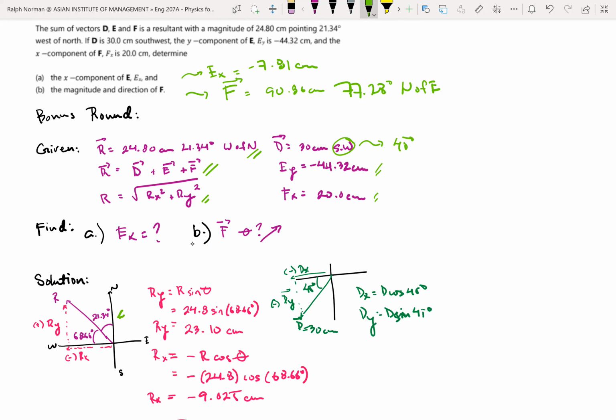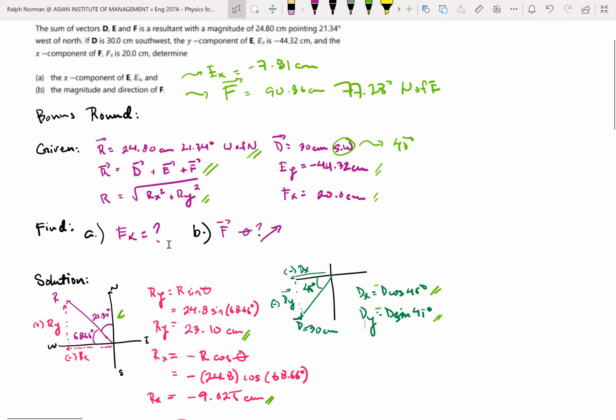And our R here is 24.8. We already have the RY and RX values here, so I just put it there. And I also know the X and Y components of D. So we have this one and this one. I believe I just didn't put the negative signs here. It's supposed to be negative, inherently negative.